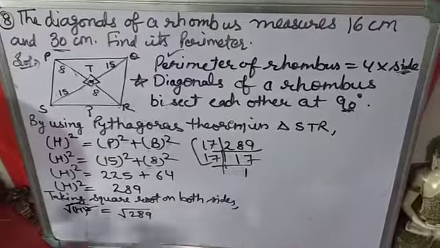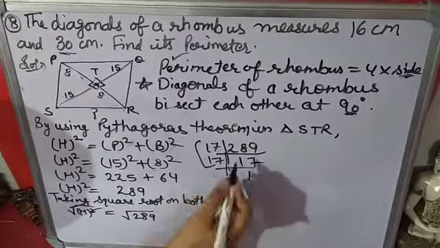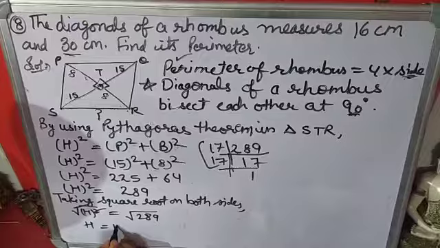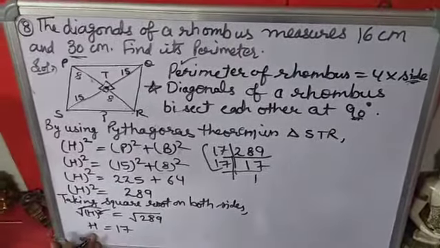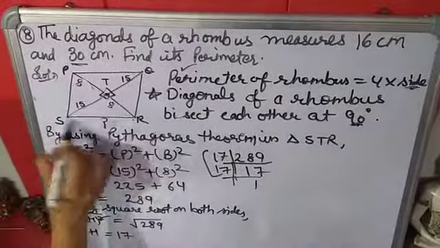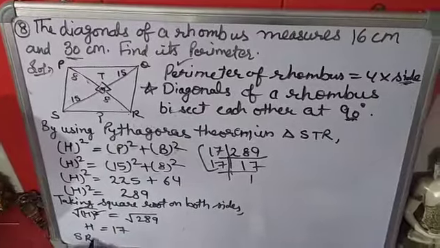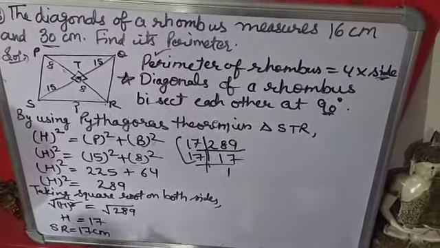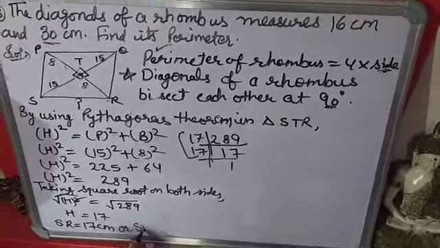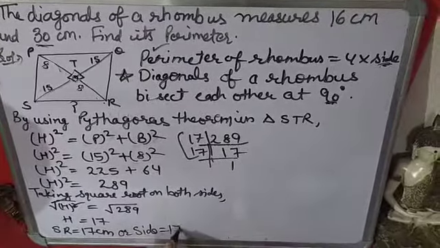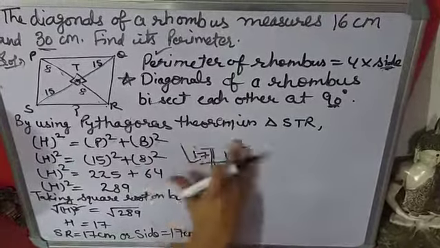So what will be the square root of 289? 17. So here hypotenuse is 17. It means SR is 17 centimeter, or you can write side of rhombus is 17 centimeter.